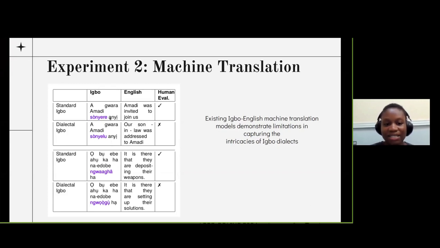And in this sentence, it got the correct translation based on the human evaluation. But when we add the dialectal variation, it gives a wrong translation. And this shows how important it is to actually add all these dialectal variations in our model.